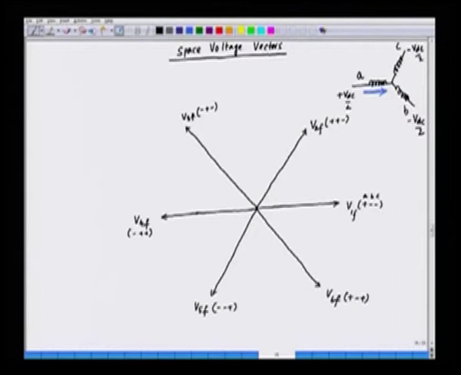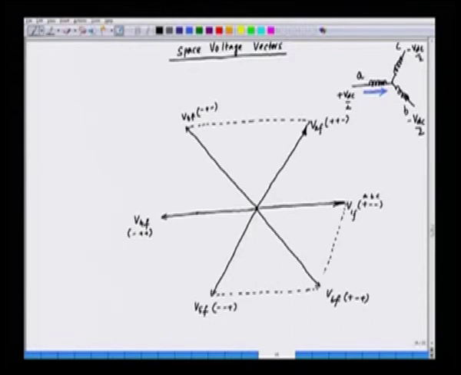So, we can construct these voltage vectors, and if you join the tips of these voltage vectors, what we obtain is a regular hexagon, as we have obtained in case of a 2-level inverter.